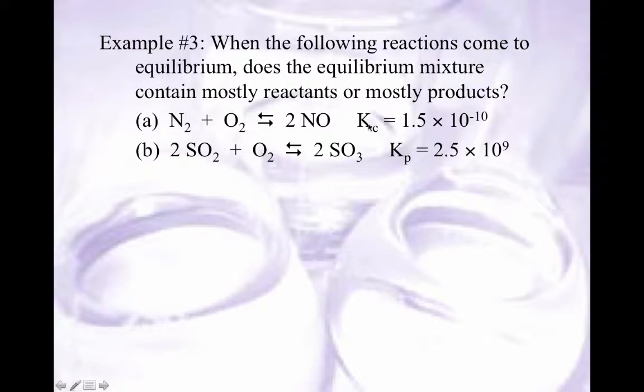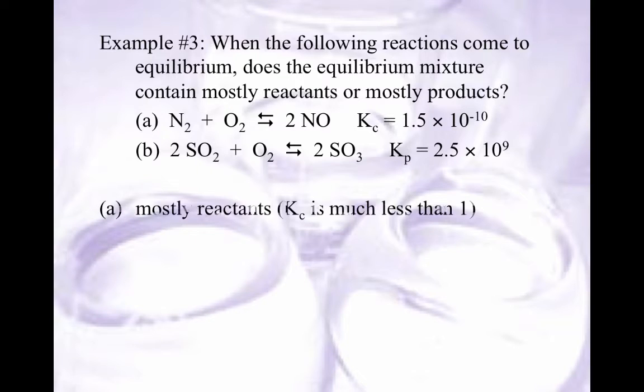Think about what that means. K equals products over reactants. K is always products over reactants. So if this is a really, really small number, that means you're dividing by a bigger number. So that means that reactants are favored for part A.